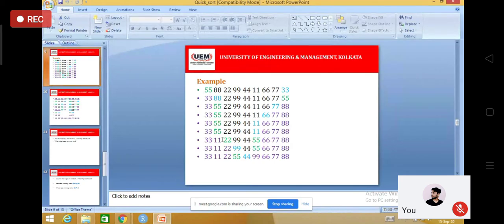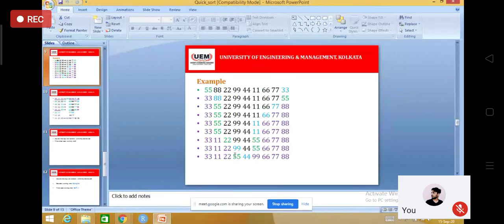It will come here, and then you increment the left. Then compare 55 with 22. Smaller, so nothing to change. 55 with 99, again you need to swap. Do this.